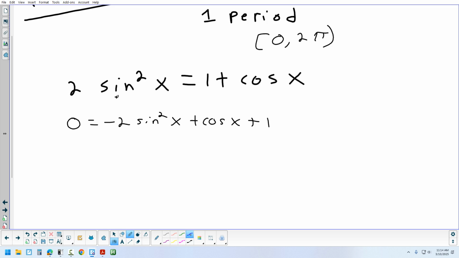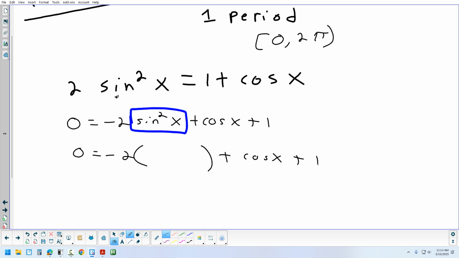The sine. Well, I told you to always substitute for the one that's squared. So you're going to substitute for that. So you're going to have negative 2, and you're going to fill something in. Everything else will stay the same. Now this time I didn't write down the identity.